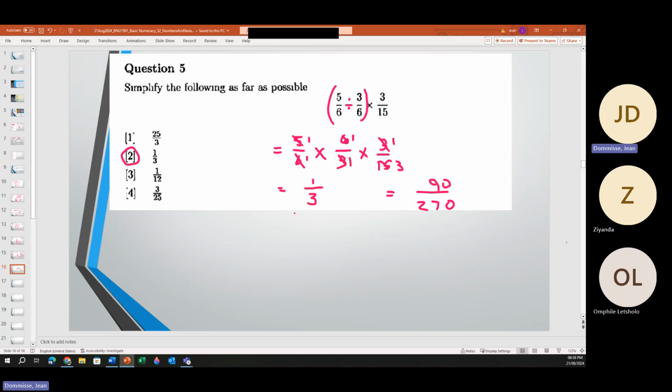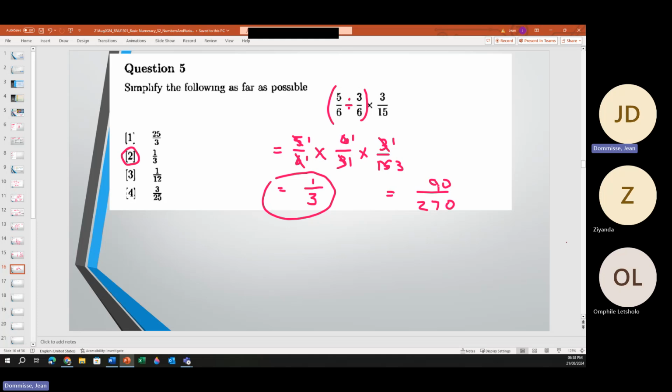So you didn't need to do the simplification the way I did. If you got 90 over 270, then we just need to simplify at that stage.